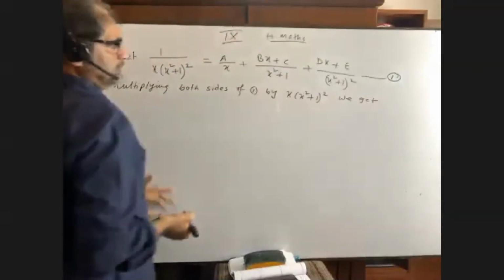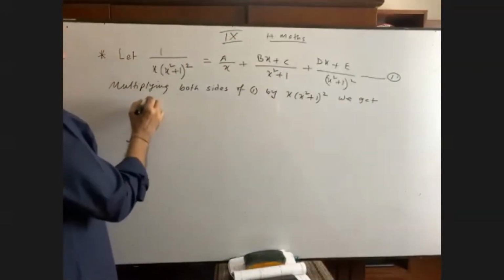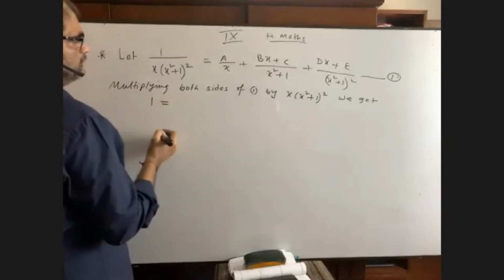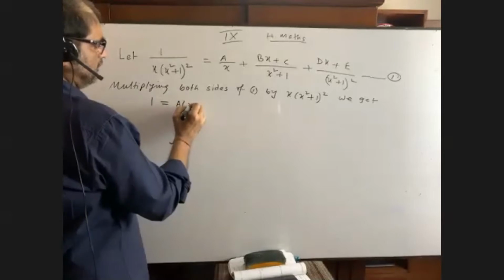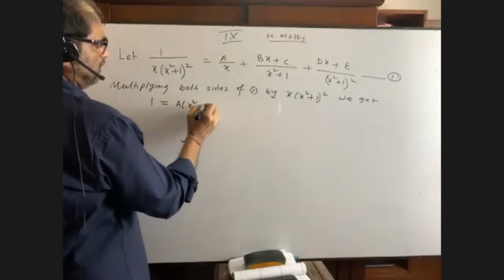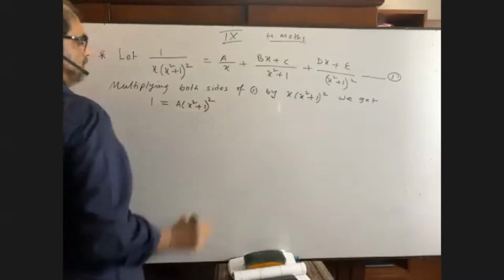So let's multiply. 1 is equal to, if I take a, then it is x square plus 1 whole square.